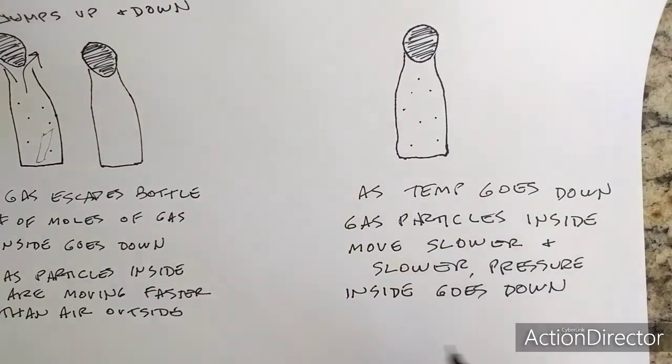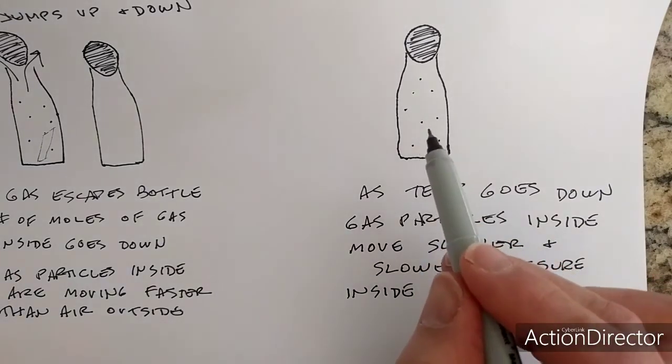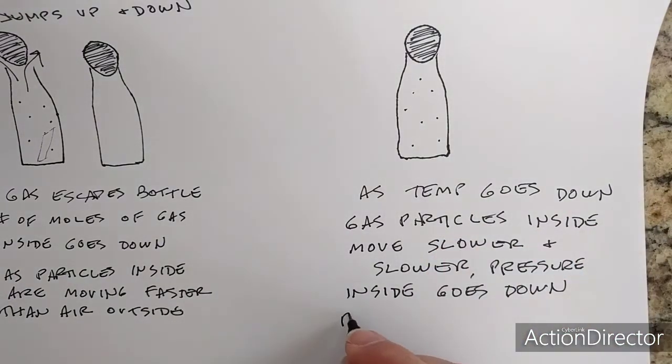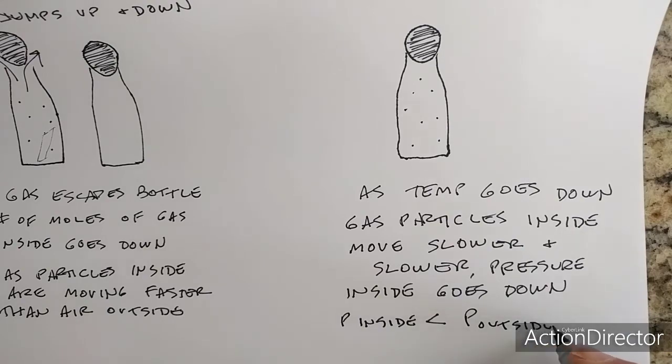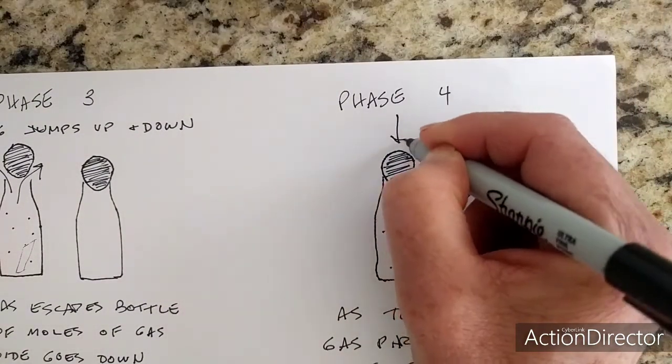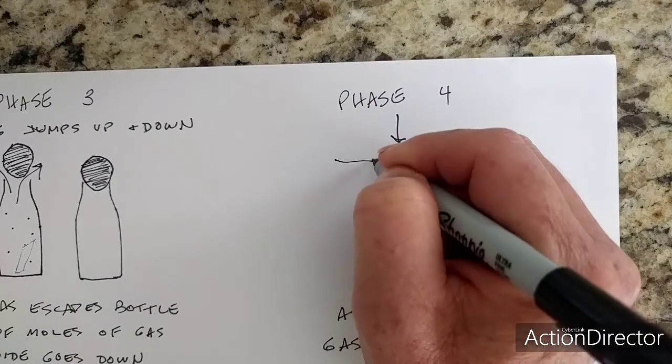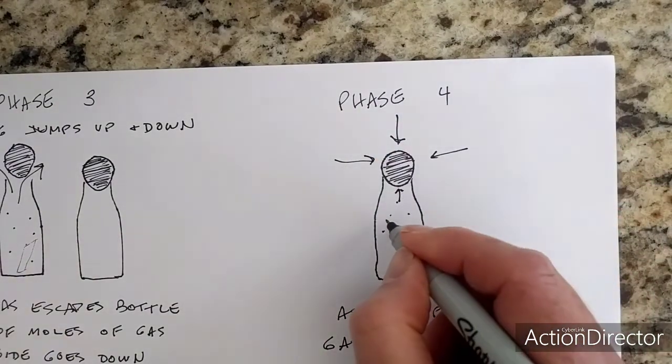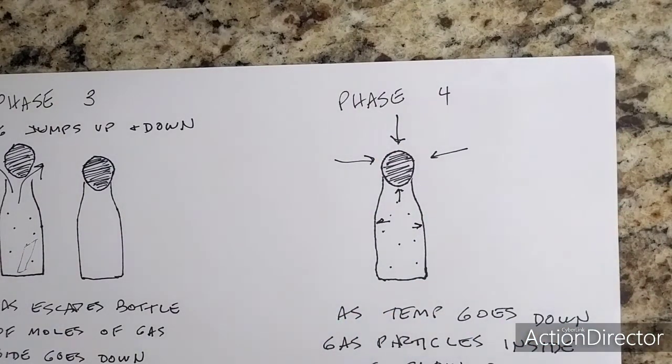And as it goes down, the pressure inside becomes less than the pressure outside. So we have a greater pressure outside than we do inside.